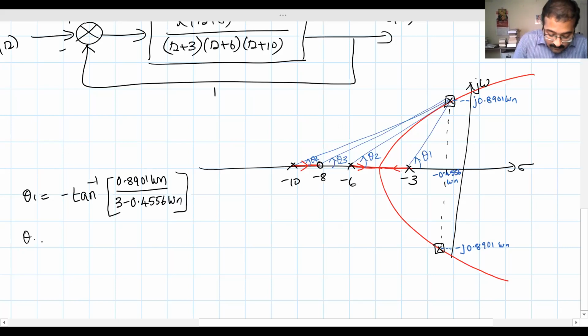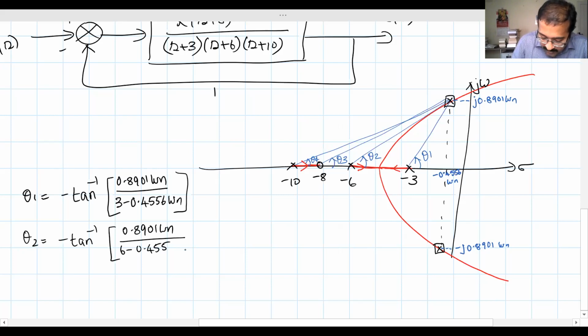Then what is theta 2? Again minus tan inverse 0.8901 omega n divided by 6 minus 0.4556 omega n. What is theta 3? Theta 3 is the angle from the zero at minus 8. Since it is a zero, the angle is positive.